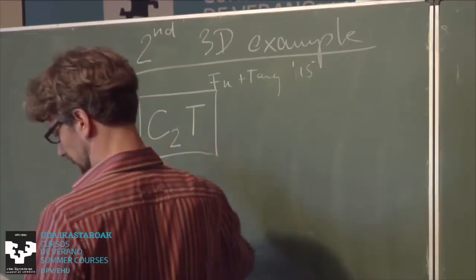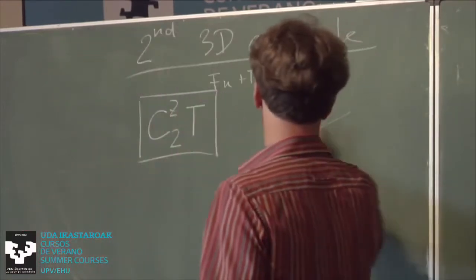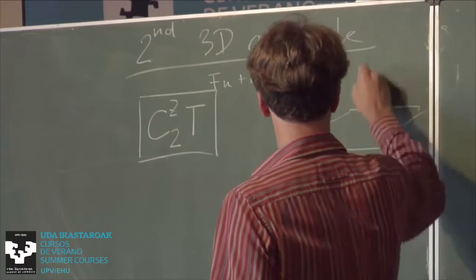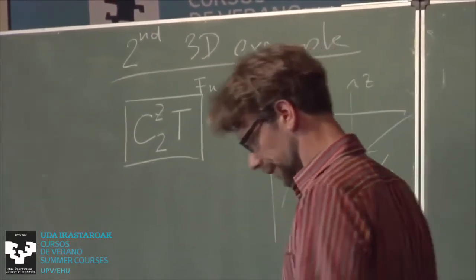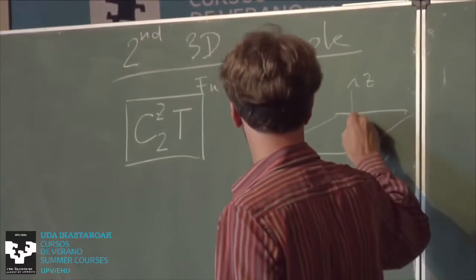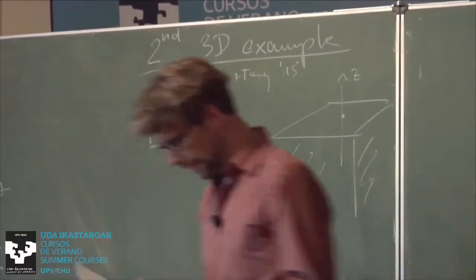Sorry, I changed my conventions, but before I get confused, I'll just use C2 z now. So I'll look at the z surface of some system, this is the z direction, and some system that's invariant under a C2 z rotation times time reversal symmetry.